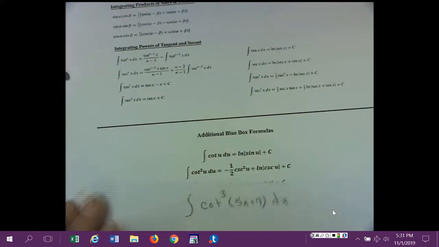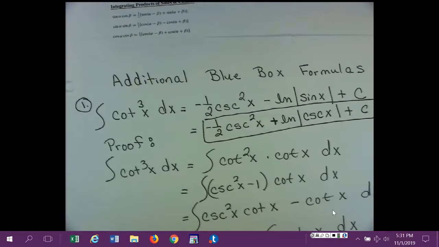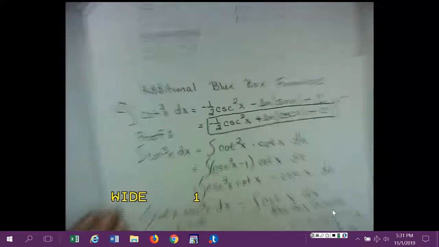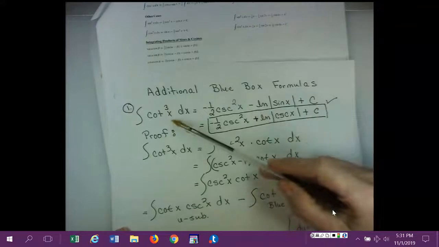I want to show you how they derived the formula for cotangent cubed, and that is here. And it's a short little proof. What they did is, if you notice, they did not give a reduction formula for cotangent to the power of n.